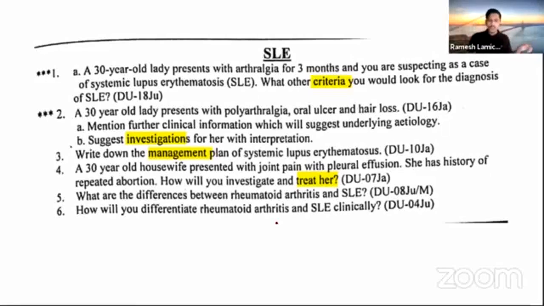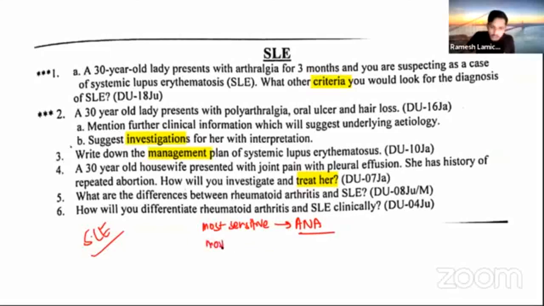So here they can ask what investigations you will do for SLE. In SLE, don't ever write CBC and that kind of thing first, right? CBC, ESR, CRP cannot make the diagnosis, so we have to write about the specific things first. The specific things are the antibodies. The most sensitive test is ANA, anti-nuclear antibodies.